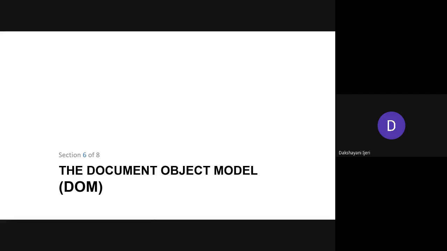Because JavaScript is a completely different platform compared to HTML, and if you combine these two within a single file or a different file, you should be able to access the contents of the HTML in the JavaScript section. So how is it done? It is done with a concept known as the document object model, which is called the DOM here.